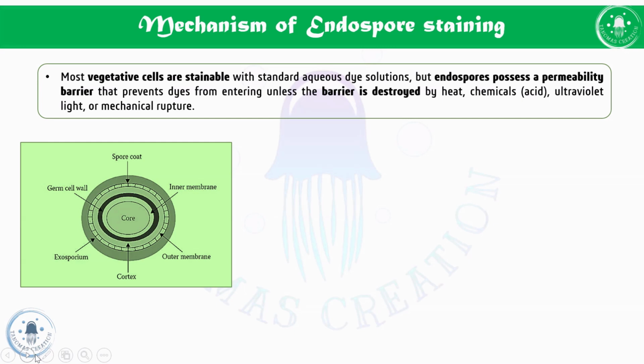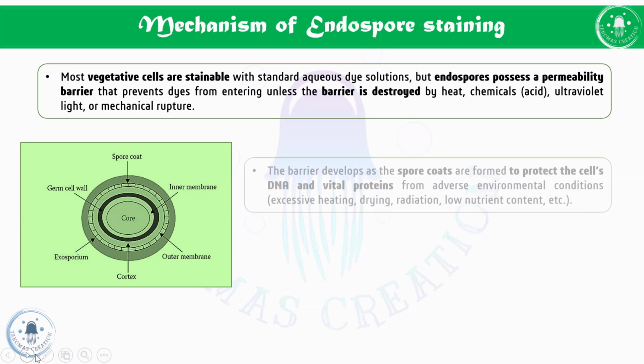Just next to the core is the inner membrane, and then you can see the germ cell wall, and then the cortex, then the outer membrane, then the spore coat, and then the exosporium. So there are many layers that are protecting the core. That is why the barrier needs to be destroyed first in order to stain it.